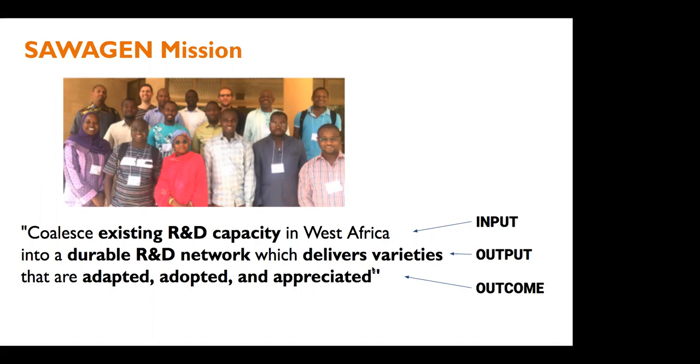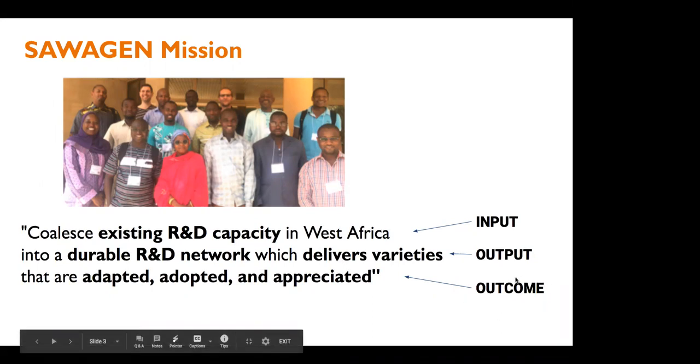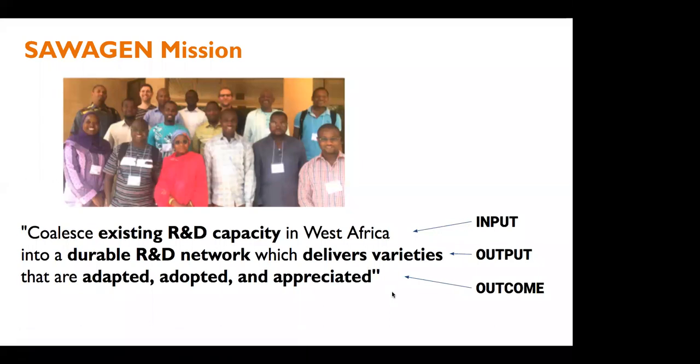And the outcome, which is how we really want our success or failure to be evaluated, is not just whether we deliver varieties, but whether those varieties can be demonstrably shown to be adapted, adopted, and appreciated. We always work back from that outcome. We're not all the way there yet, but I think we can show that we're on track in a lot of respects.